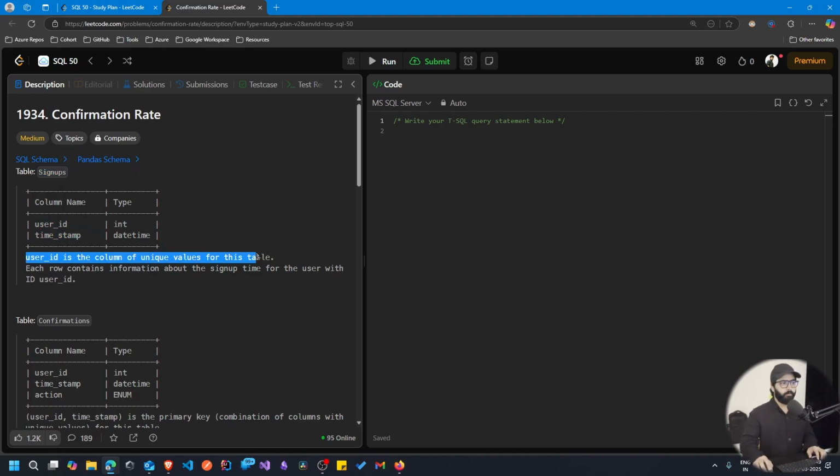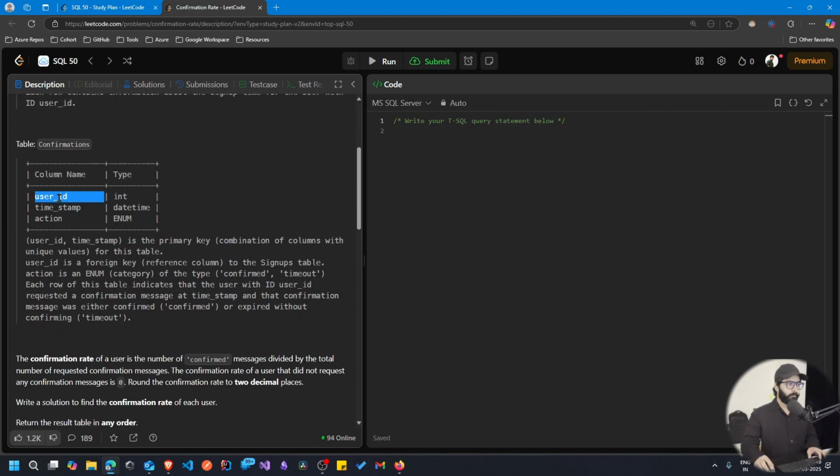User ID is the column of unique values for this table. Again we have a long, huge description to read and understand this question. Timestamp is a primary key, a combination of columns with unique values for this table.